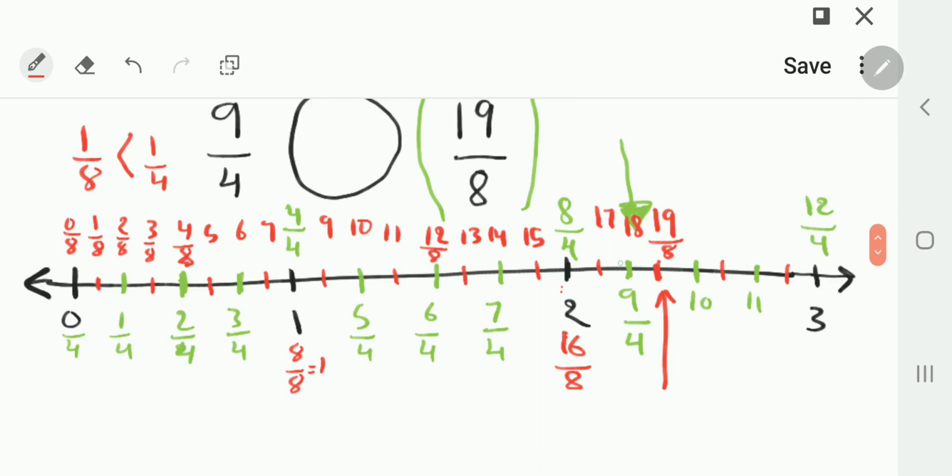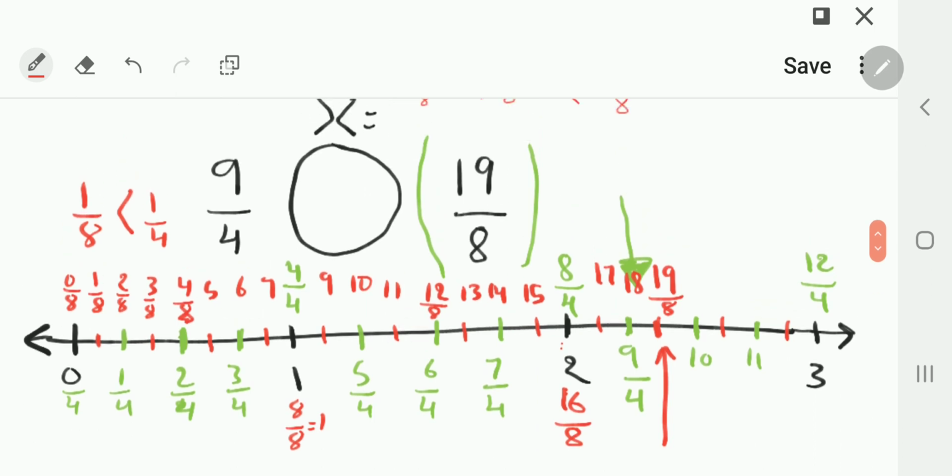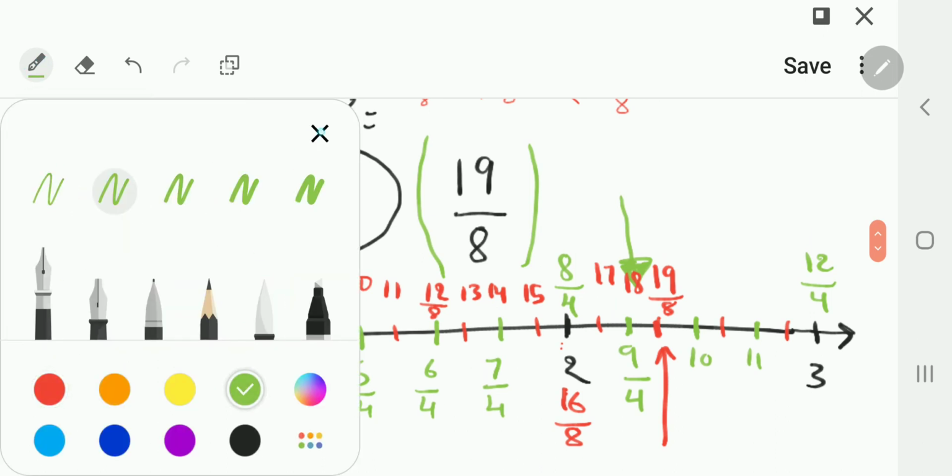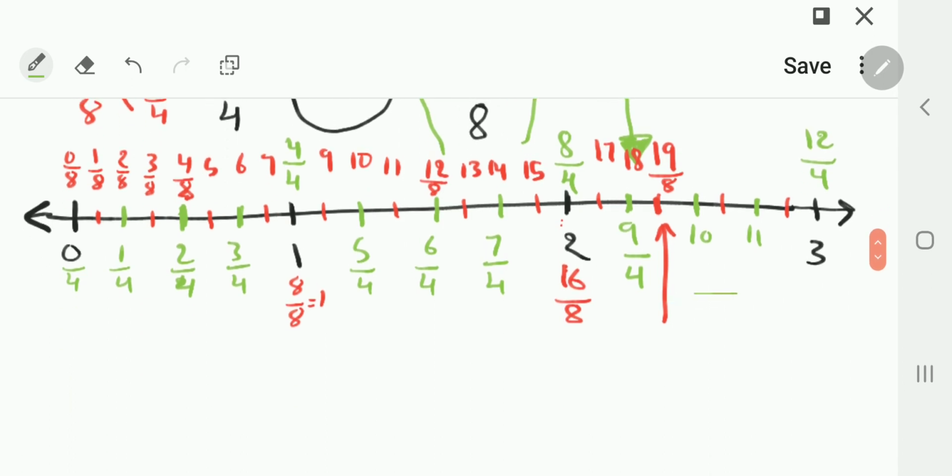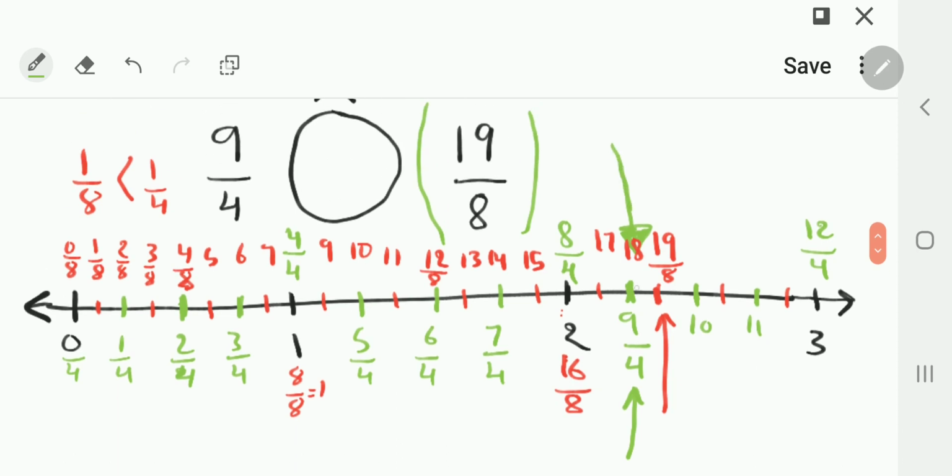Now I already found where 9/4 is. What is 9/4? Can you remind me? 9/4 is here. Let me highlight it with the green color. So 9/4 was here actually. I already did it here. Very good. And then 19/8, they're very close, but one is bigger than the other.